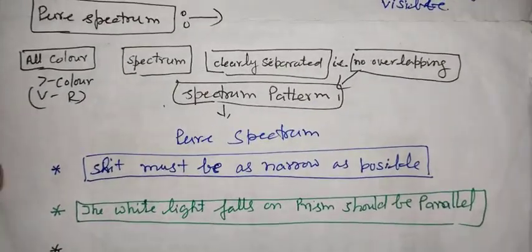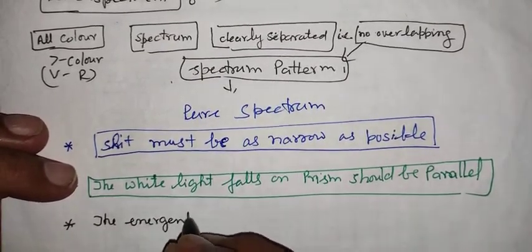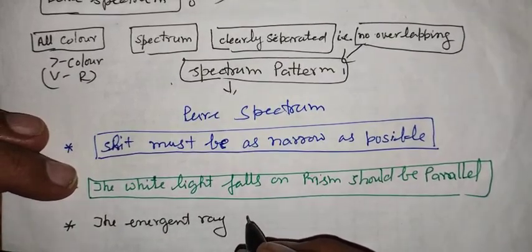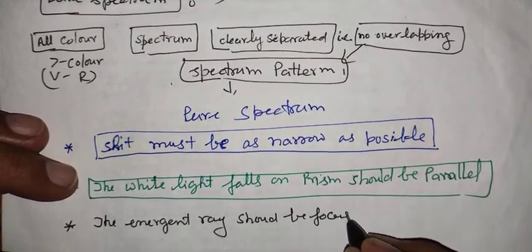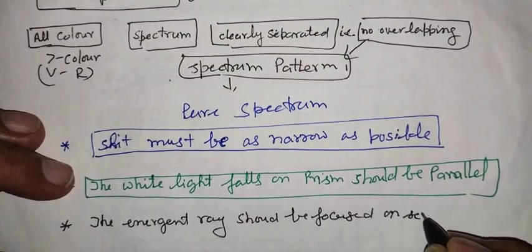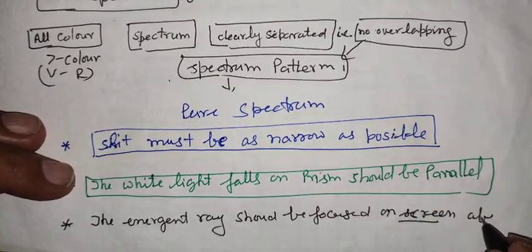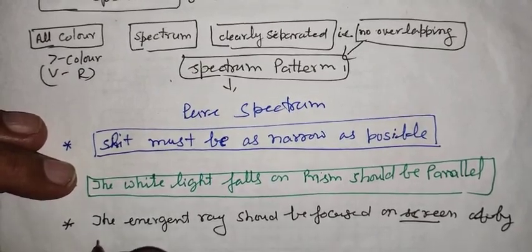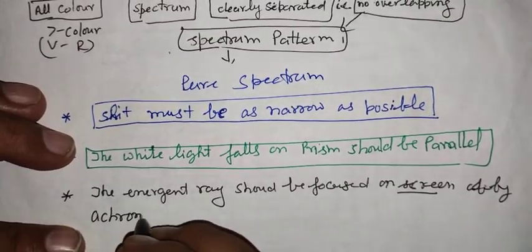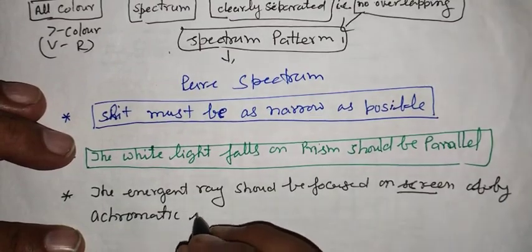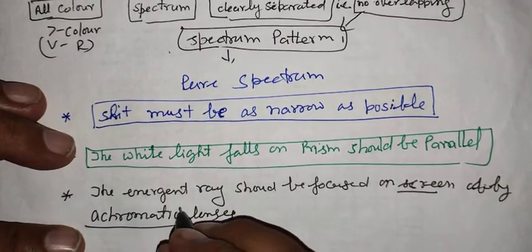Third point, the emergent ray should be focused on the screen by achromatic lenses, an achromatic combination of convex lenses.